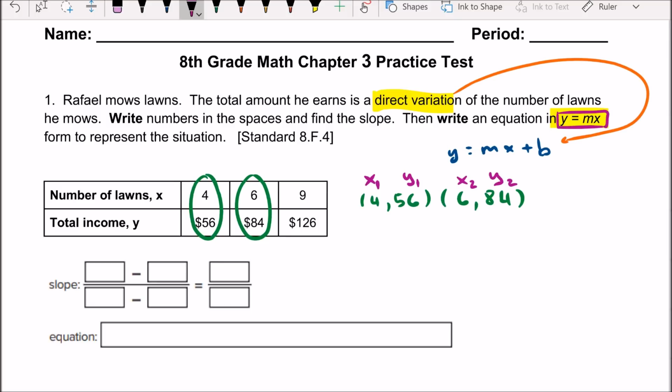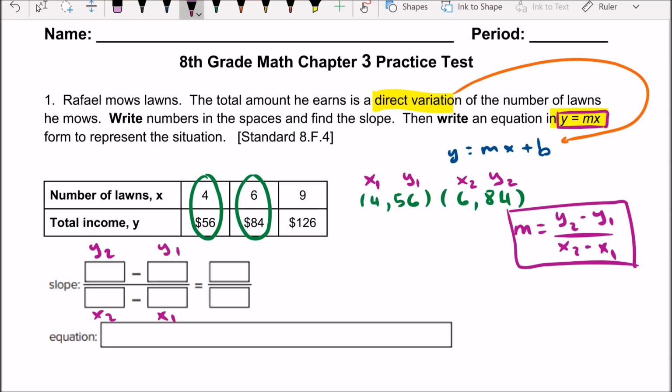The slope formula is y2 minus y1 over x2 minus x1. I suggest you write this down on your flashcard so you have the note for your test. One more time, this is the formula you need to remember: y2 minus y1 over x2 minus x1. So write it down on your flashcard.